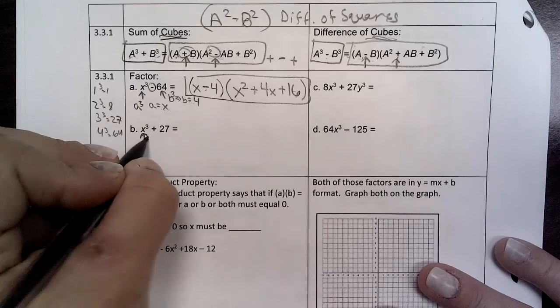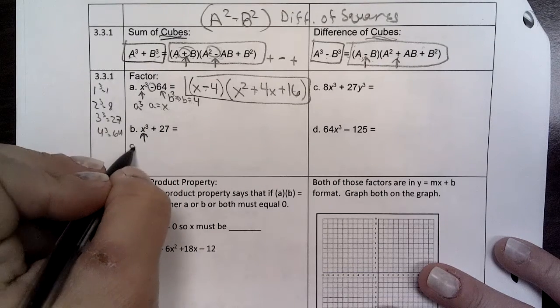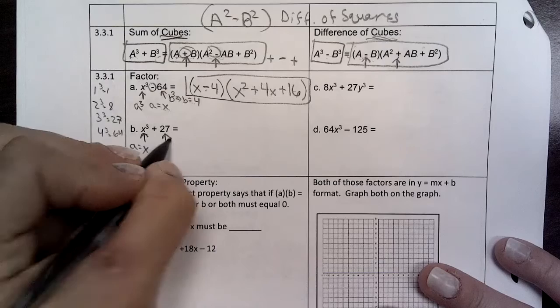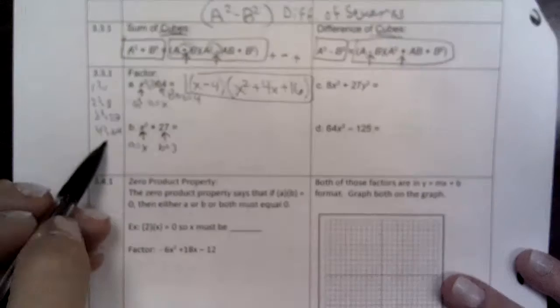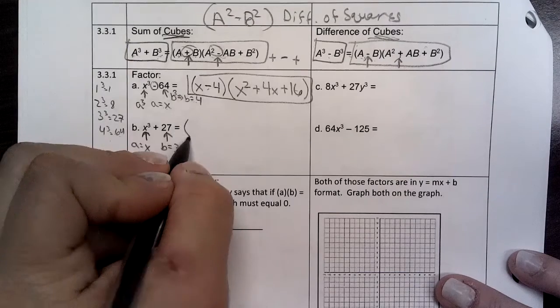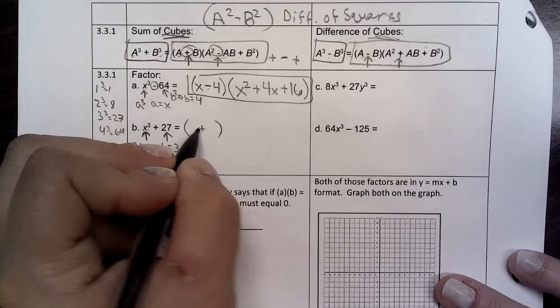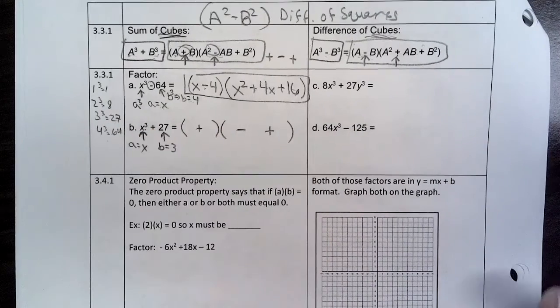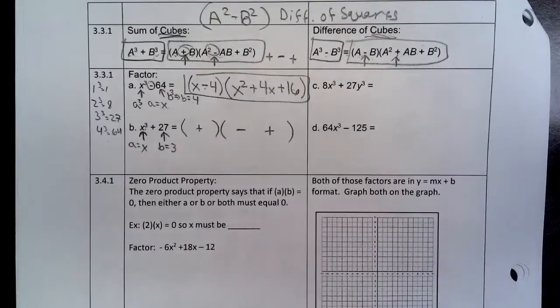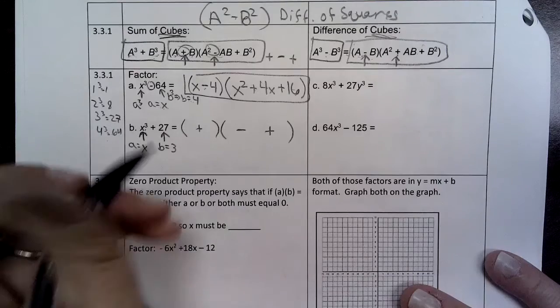So that's my a cubed, so my a is x then. My b cubed, so my b is 3. And once again, you'll get good at these. All right, I know that if that was a plus sign, this is a plus sign. These first two are always opposite, and this last one is always positive. So now let's go ahead and write it out.